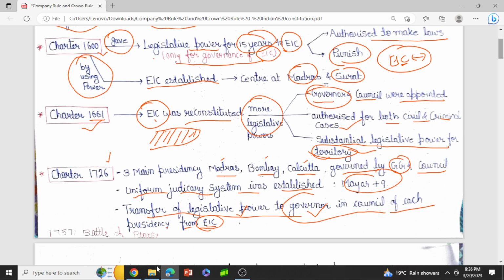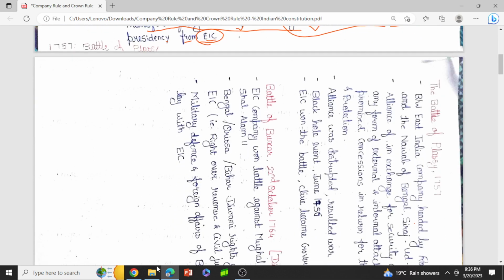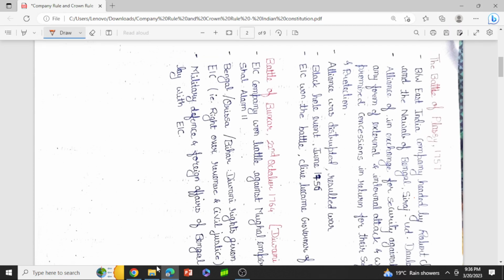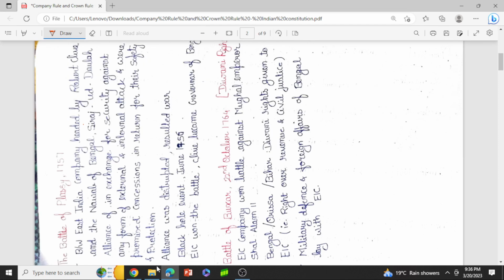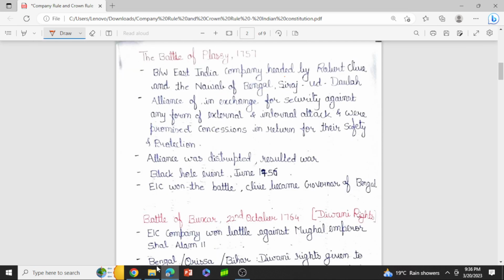Now there were two important battles which actually resulted in the end of the East India Company's rule and brought the Britishers to administer India. The first battle was the Battle of Plassey.